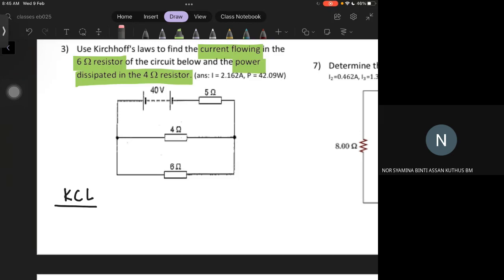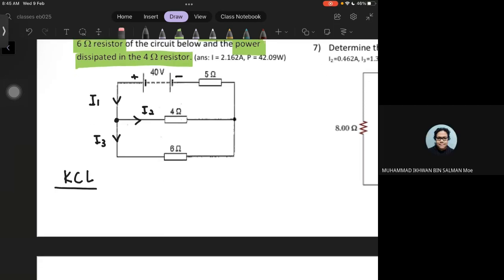So the current here will be positive, negative. The current will flow from here. So I choose this node, this as current 1. Current 1 will split into current 2 and current 3. Can KCL be like that? Okay, so our KCL is now current 1 equals current 2 plus current 3.